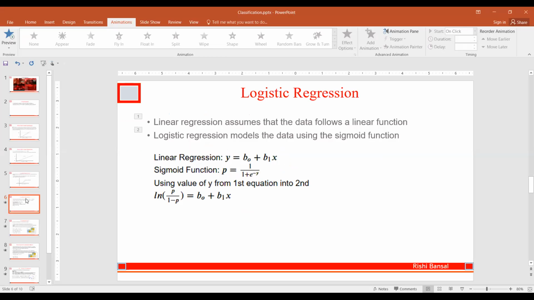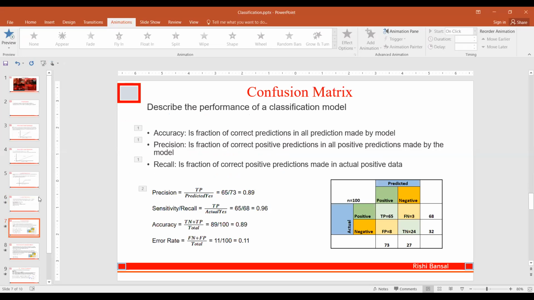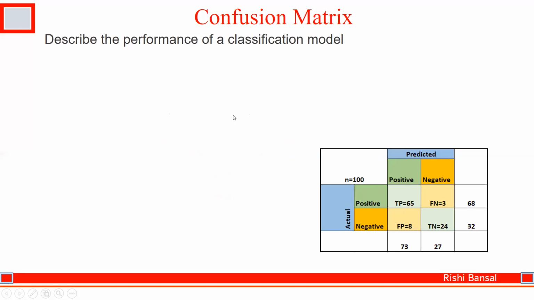Any question till now on linear regression? Okay. We'll see the confusion matrix now. So now what happens? You are making predictions, but how do you calculate the accuracy of a classification model?